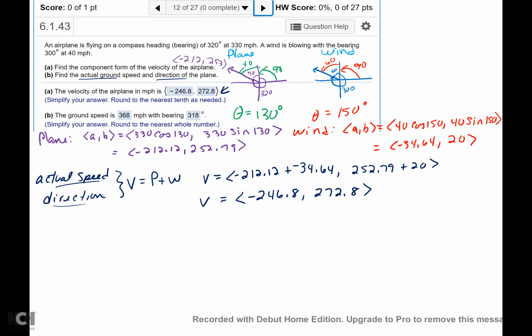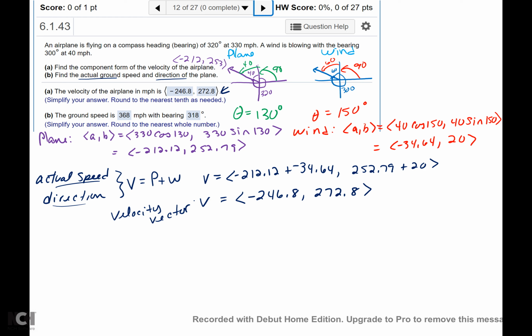So your velocity vector is what you're finding here. This is my velocity vector v, which will be at negative 246.8, 272.8.